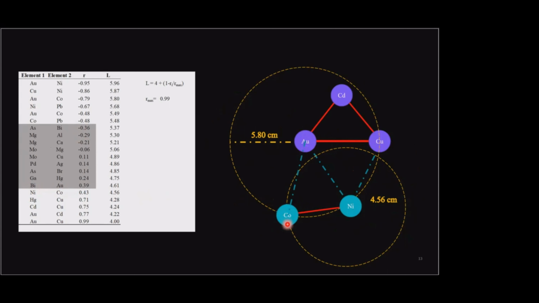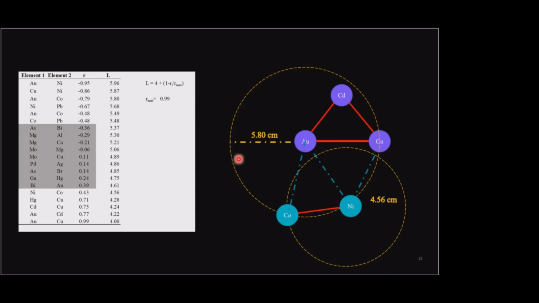Okay, again, if you don't have the compass, actually I made this in PowerPoint. You can just make different circles and adjust the diameter, and you get the same effect.